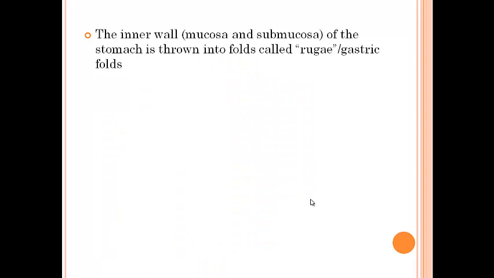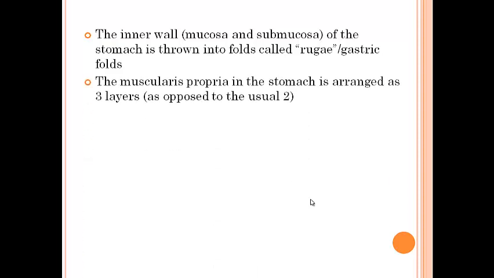So the inner wall, the mucosa and the submucosa of the stomach, is thrown into folds which are called rugae. You can also refer to them as the gastric folds, and like I mentioned, they serve to increase the surface area. The muscularis propria of the stomach is arranged as three layers, like I said, as opposed to the usual two.